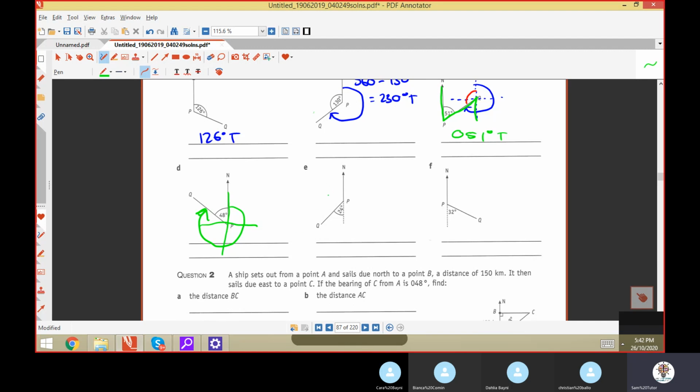That's it. 312 degrees. Next one, same thing. Draw your compass bearings. That becomes 180 plus 24, 204 degrees. Next one, same thing to here. What would it be this time? 180 minus 32.